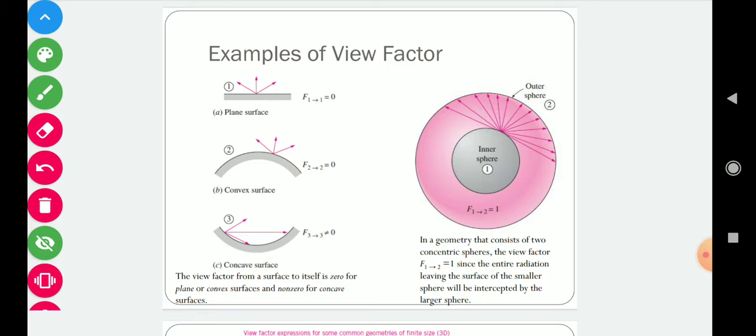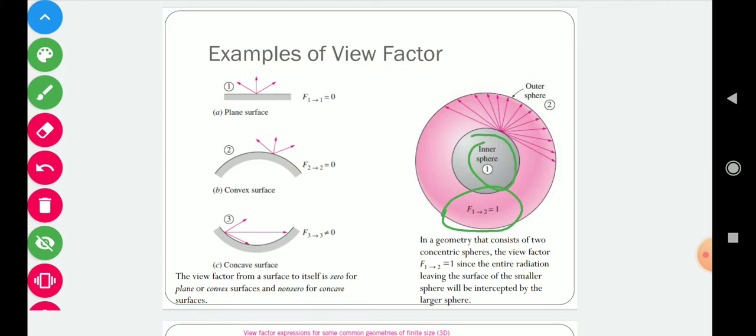Similarly, if we have some enclosed object, here this is the inner sphere and this, 2, is the outer sphere. Whatever energy is emitted by surface 1 will strike surface 2. So in that case F12, meaning the amount of energy radiated from 1 that strikes 2, will be equal to 1, because all the energy is absorbed by object 2.